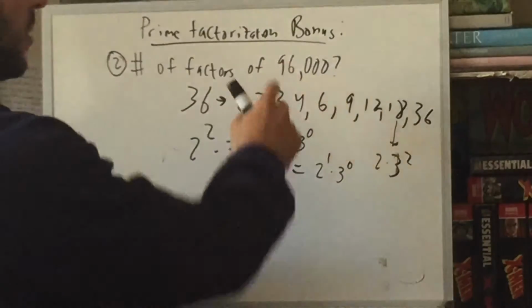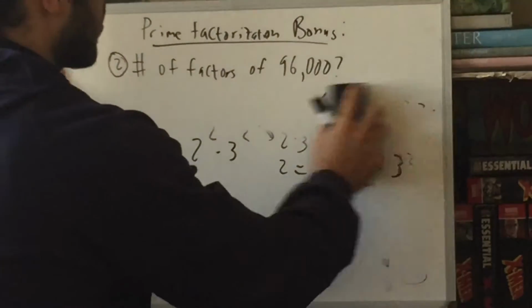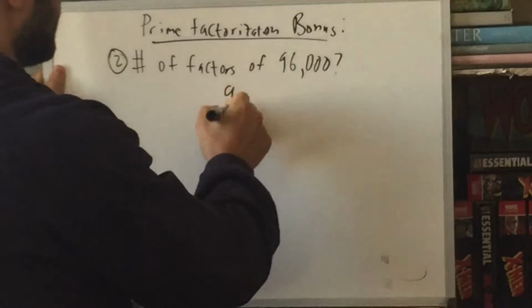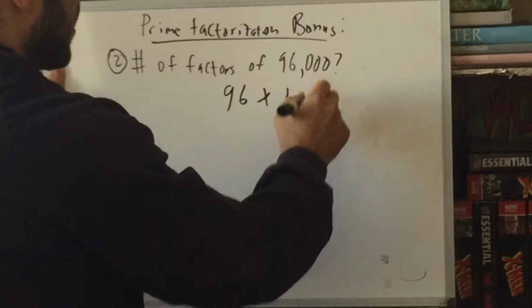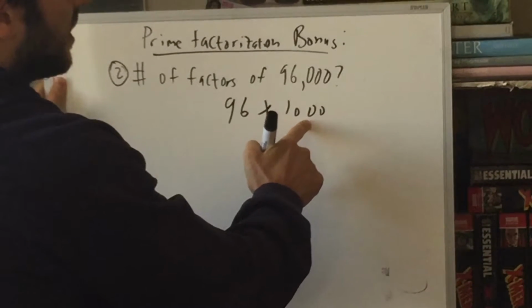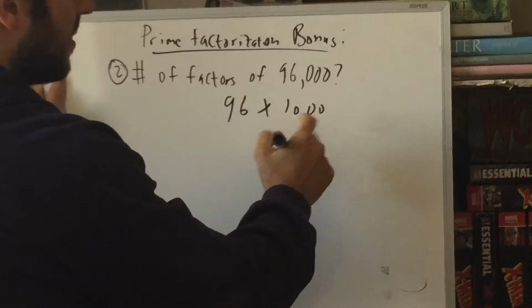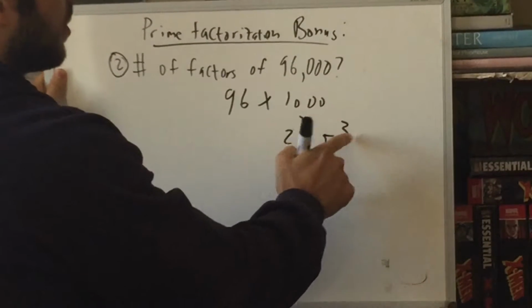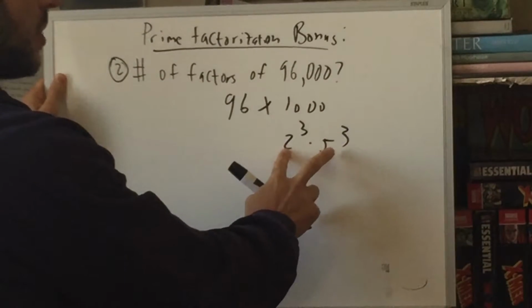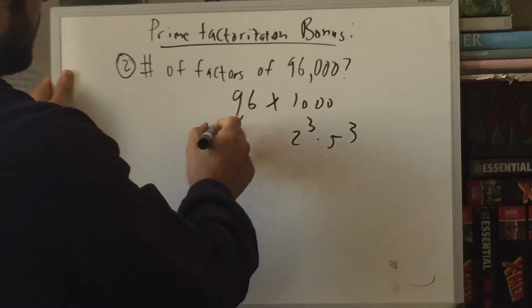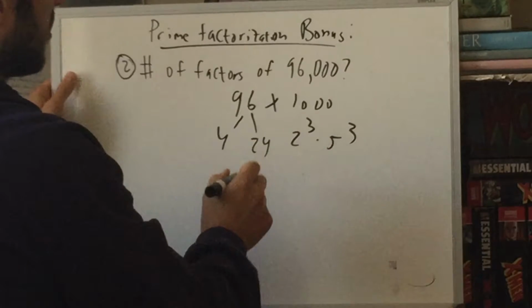So now let's go to the original problem. 96,000 is 96 times 1,000. This is 10 cubed, 10 times 10 times 10. So there's three 2s and three 5s, because each 10 has one 2 and one 5. 96 is 4 times 24.